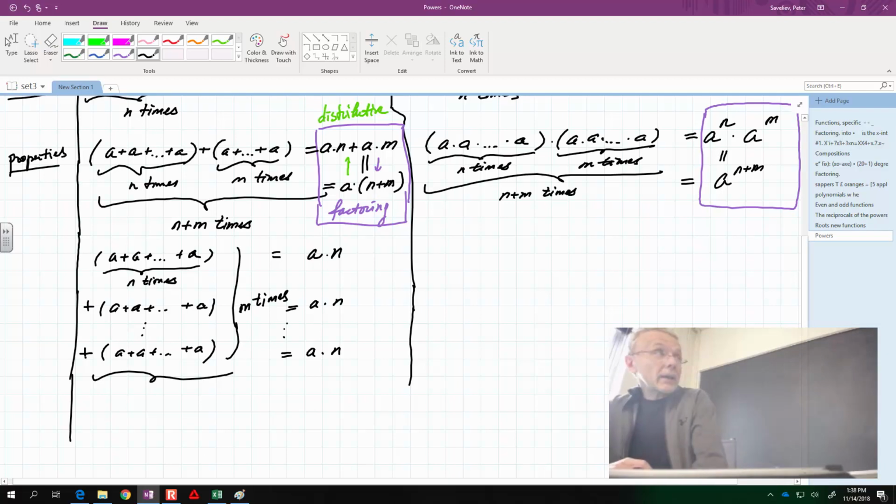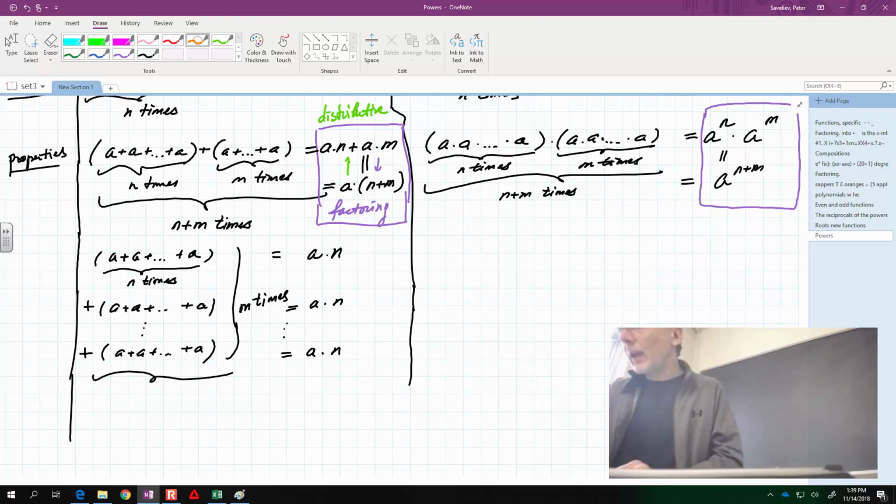So we're adding these. So a appears n times, then it appears n times again, and keeps appearing for m times. So how many? N in each row, m times. Would it be a times n to the nth power? No. Think about it.